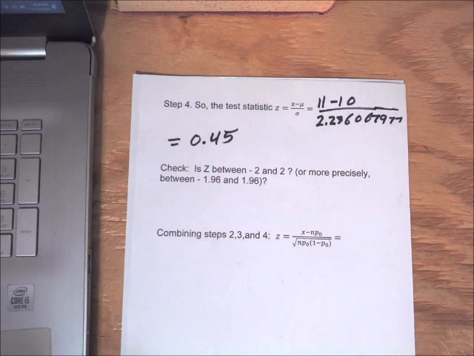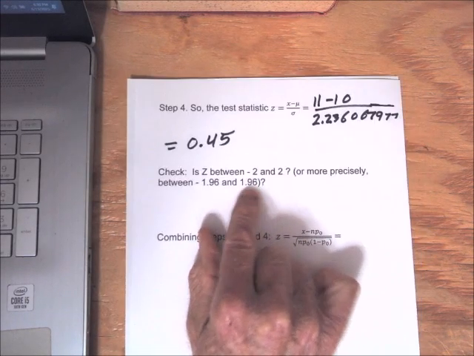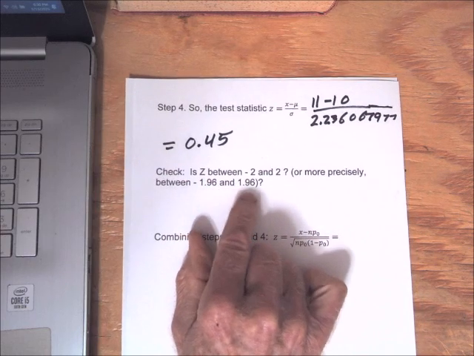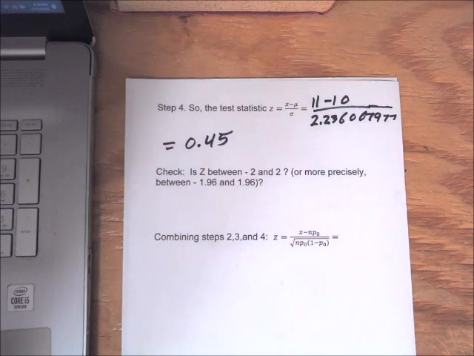We learned that earlier in the semester with the empirical rule and also Triola's range rule of thumb, that most of these scores are between -2 and 2, and anything beyond that would be unusual. More precise numbers would be -1.96 and positive 1.96. And this is assuming 95%, that we want 95% confidence.